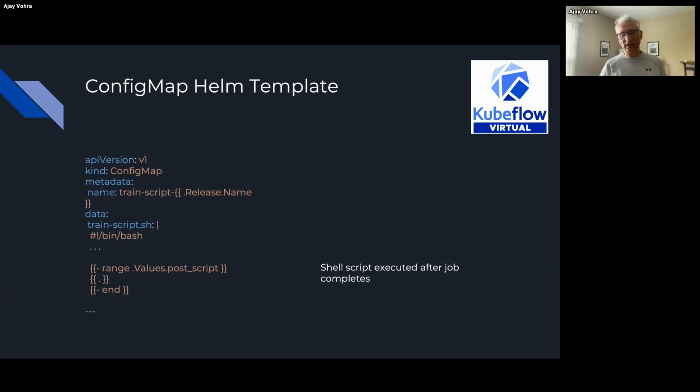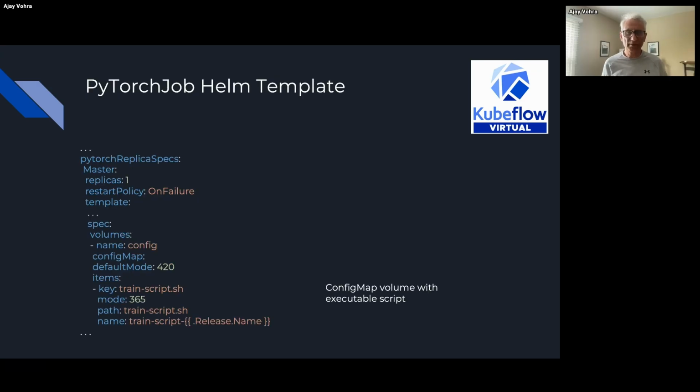And then finally, you can have a postscript to do cleanups or other things that you need to do after your job is completed. And these concepts apply the same way whether you're doing training, fine-tuning, data processing, or pre-processing of the data and so on. The concept is the same.